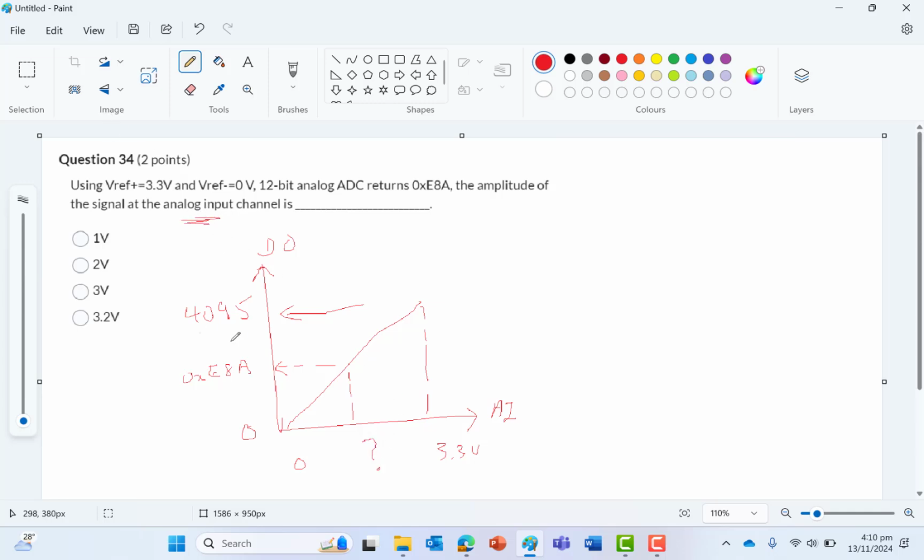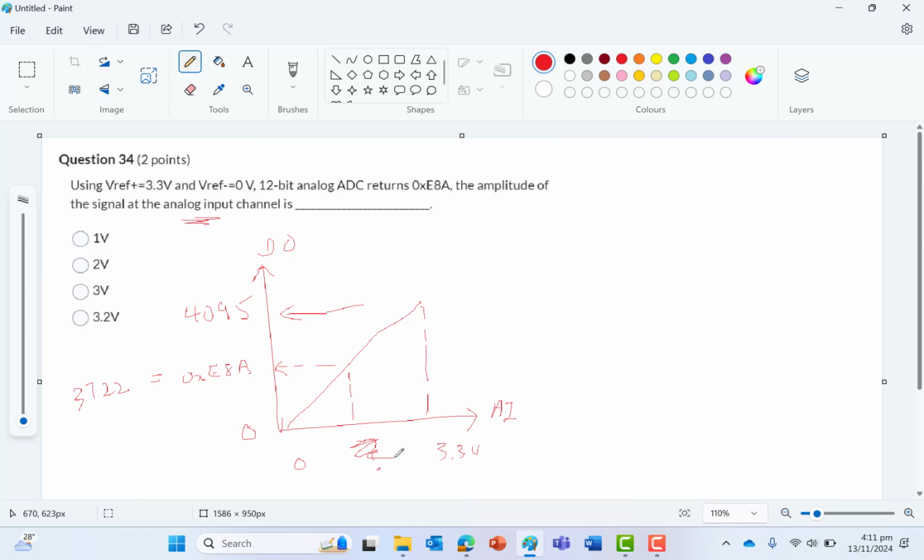They want you to work out what is the input at the analog in. What you need to do is use your calculator to convert this hexadecimal to decimal first. My handphone happens to be able to do that. E8A is 3722.